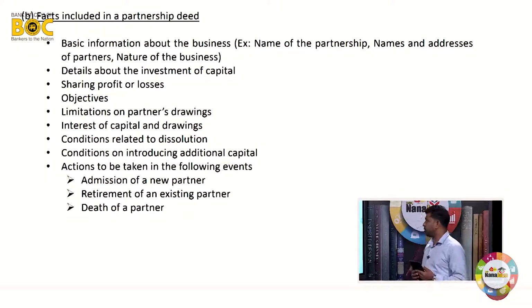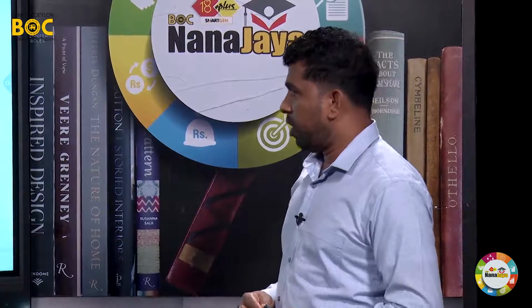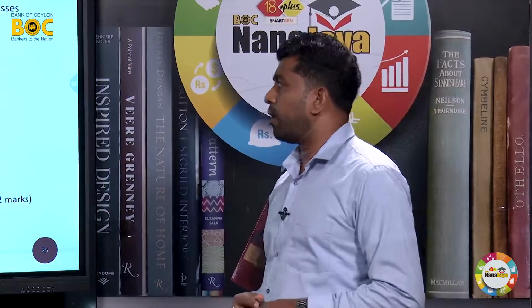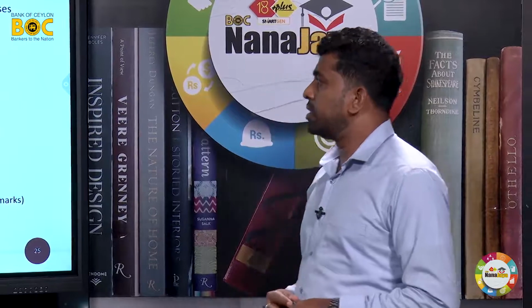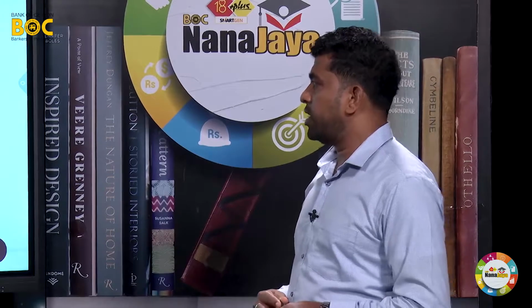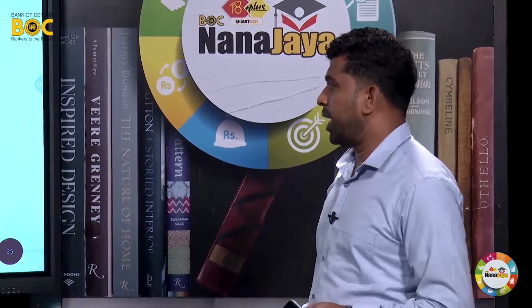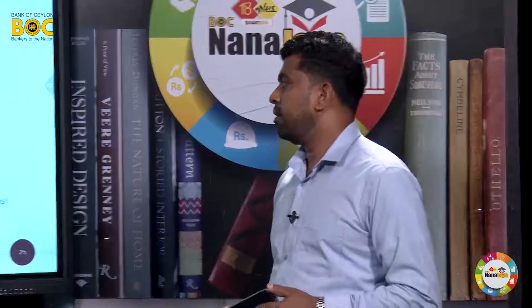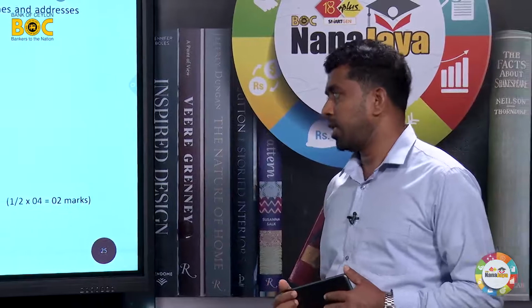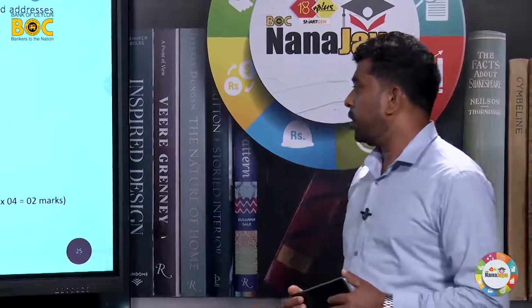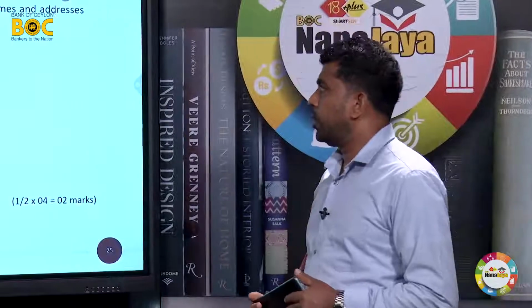Details about the investment of capital, the amount the partners have introduced as capital, share in profit or loss, profit sharing ratio, objectives, limitations of partners' drawings, interest on capital and drawings, conditions related to dissolution, conditions on introducing additional capital, actions to be taken in admission of a new partner, retirement of an existing partner or death of a partner. You have to mention at least 4 points to get 2 marks.